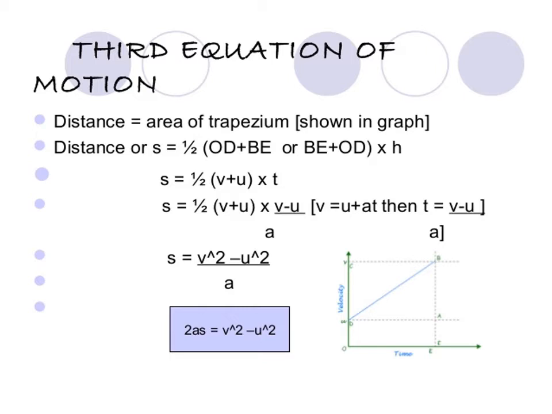See your book, page number 20. There is a problem. The brake applied to a car produces an acceleration of 6 meters per second squared in the opposite direction to the motion. If the car takes 2 seconds to stop after the application of the brake, calculate the distance traveled. So you have to calculate the distance S. So S equals ut plus half at square.